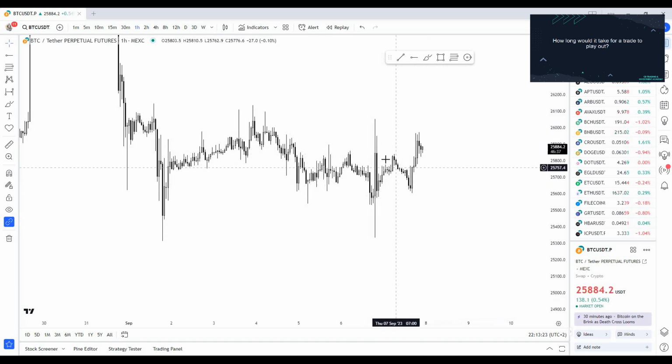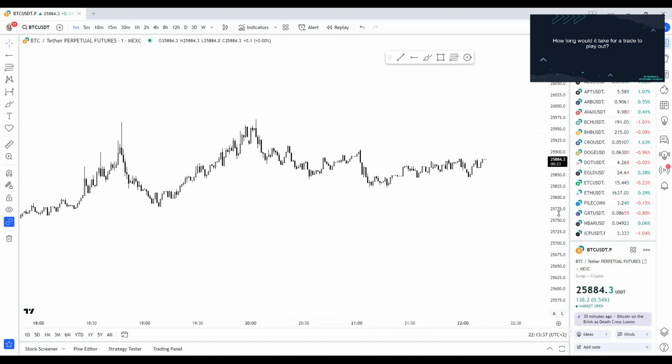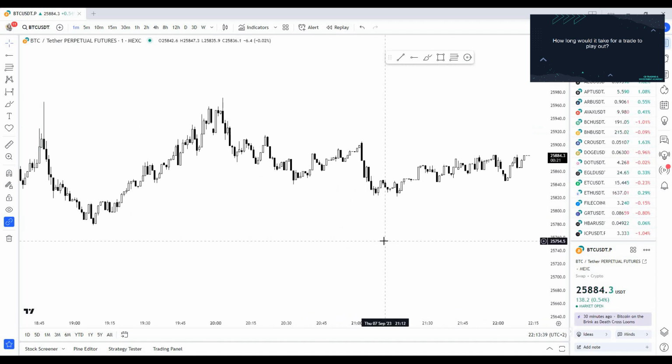If every bar is 4 hours, this move can take a lot longer than if every bar is just 1 minute, because TA on the 1 minute time frame stays the same, only it's zoomed in and it goes quicker. So like I said, it depends on the time frame.